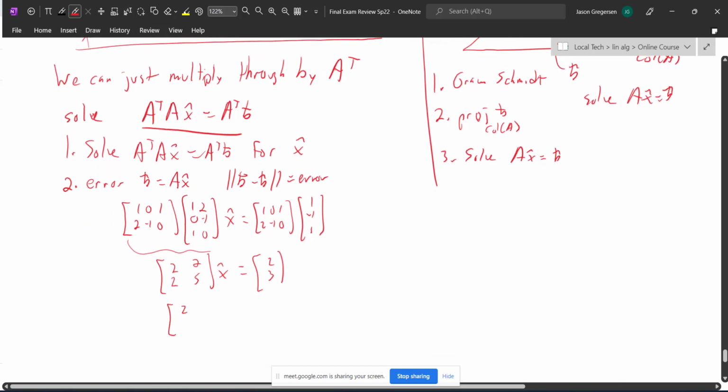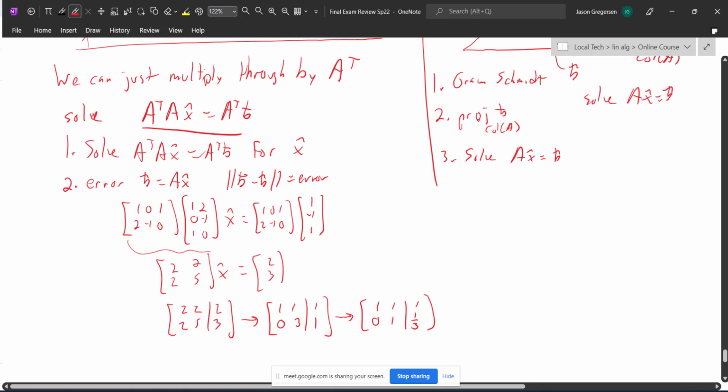So that means I'm just going to set up this augmented matrix and do my row reduction. I'm going to take row 2 minus row 1 to get 0, 3, and 1. I'm going to divide the first row by 2. I'm going to divide the second row by 3.